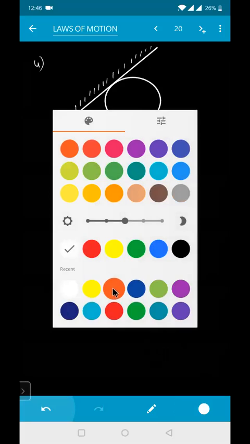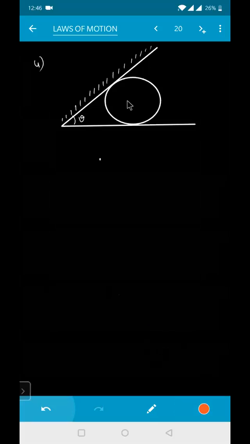Now tell me the normal forces acting on that body. What are the normal forces? Where is it in contact? This is contact here and this is contact here. These are the only two places where they are touching, so there are two normals acting. This one is, say, N1, and there will be an equal and opposite normal, this is also N1.